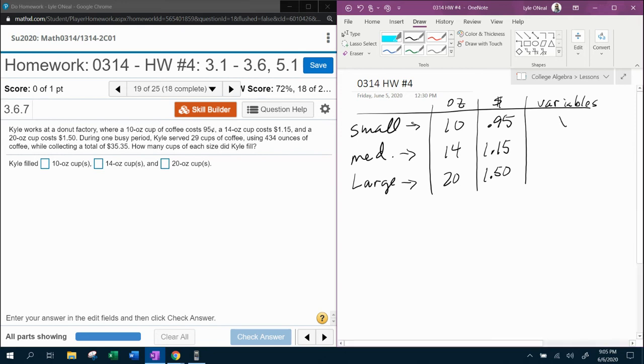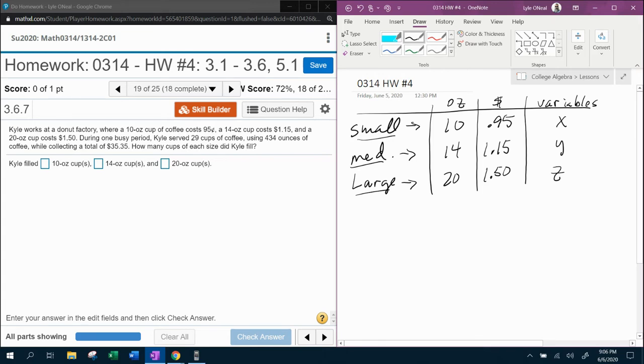Okay, I hear you. X. Good choice. Medium, Y. Large, Z. And it's important that you make a note of that so that when you get done and you have the answer for X, Y, and Z, you know what it represents. That's going to represent the number of cups of coffee for small, medium, and large.